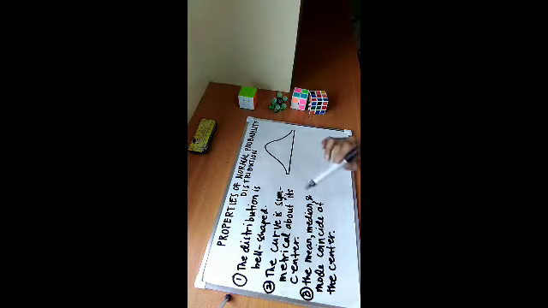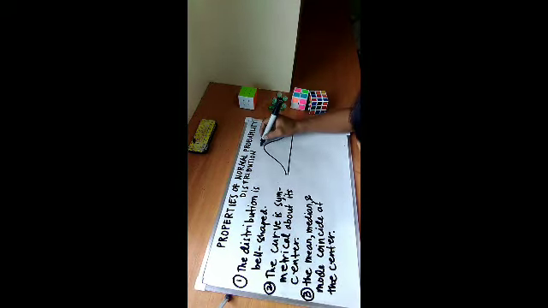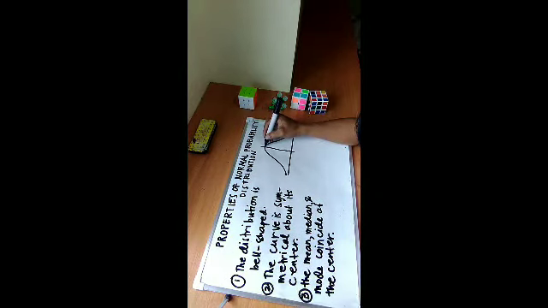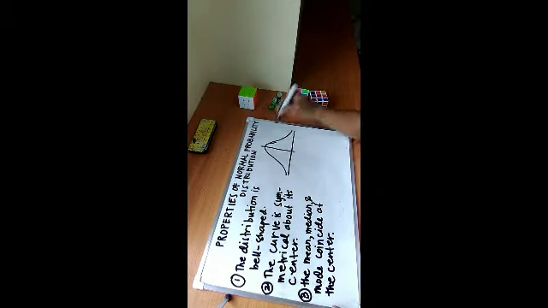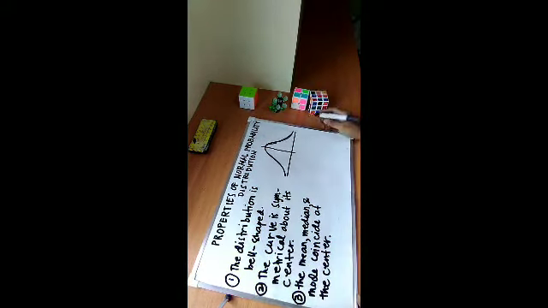Number 2, the curve is symmetrical about its center. Meaning, if we divide this curve into two equal parts, the curve on the right side should be the same as the curve on the left side. The curve here is just a mirror of the curve on this side.